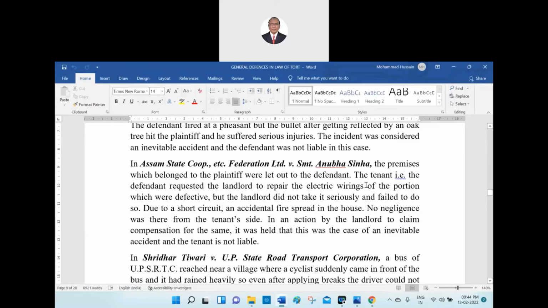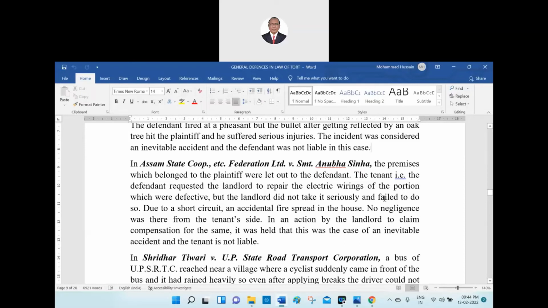The tenant, that is, the defendant, requested the landlord to repair the electric wiring of the portion which was defective. So who requested? The tenant requested. To whom? To the landlord. Why? Because the electric wiring portion is defective. But the landlord did not take it seriously and failed to do so. Then what happened?